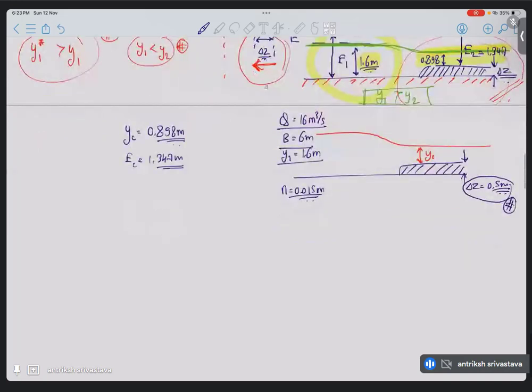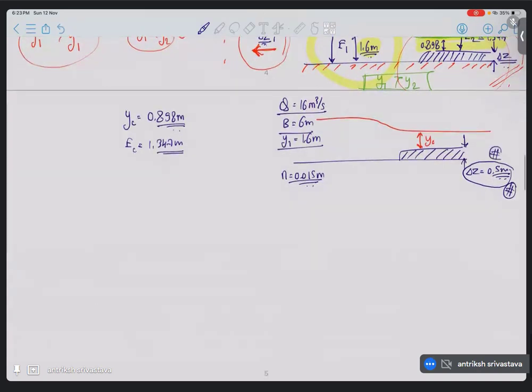So that means even after increasing the hump more, the depth on the downstream and the specific energy are the same, so E1 now needs to be recalculated. So E1 will be EC plus delta Z. So we have 1.347 plus 0.5, that is 1.847 meters.